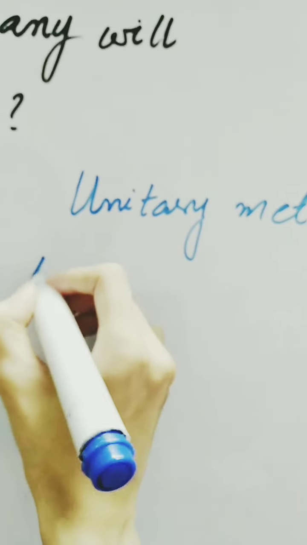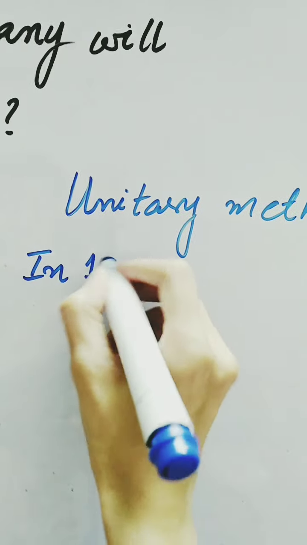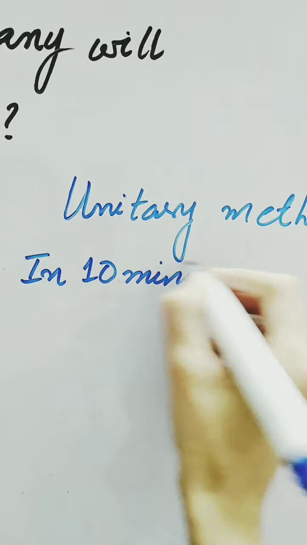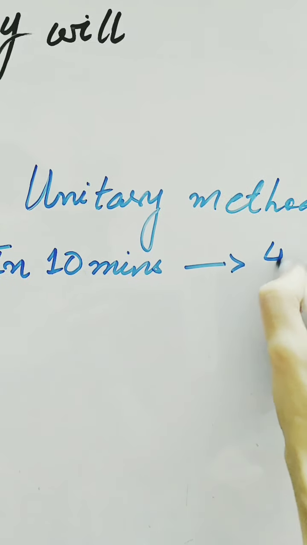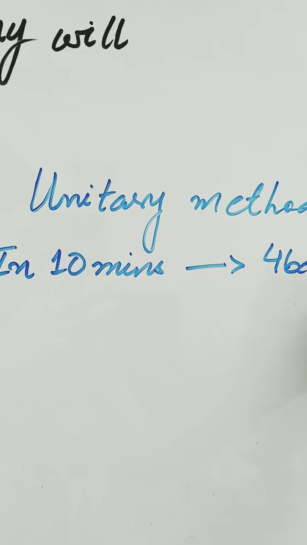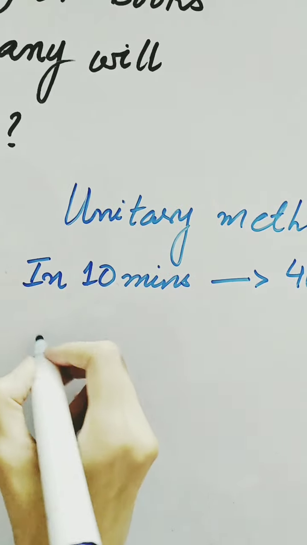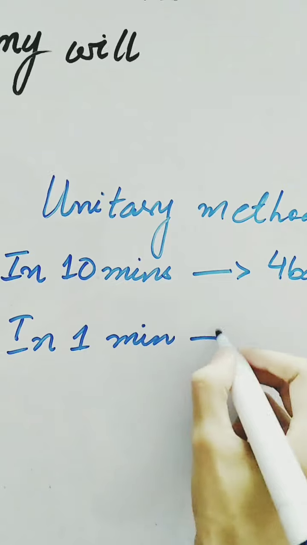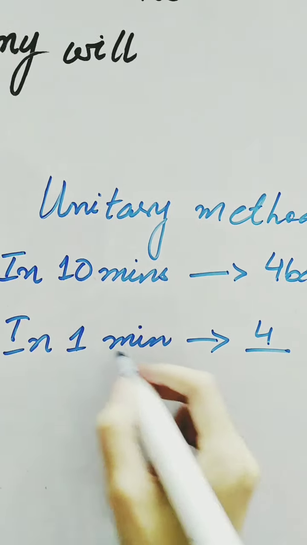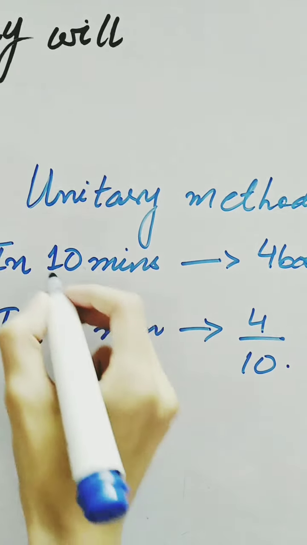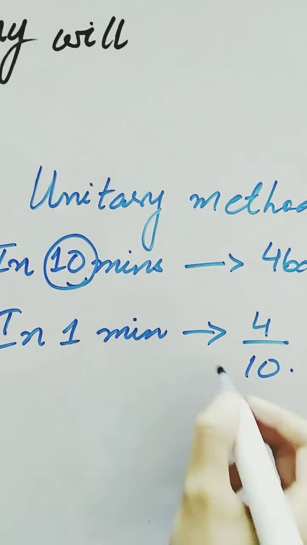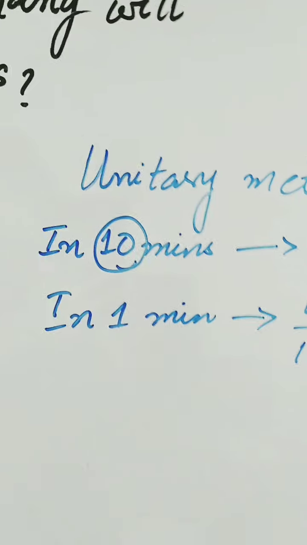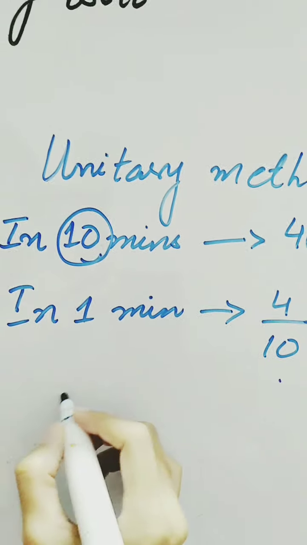Now here we know that in 10 minutes the machine is printing 4 books. So in 1 minute the machine prints 4 over 10. We have taken out this 10 here, so 1 remains.